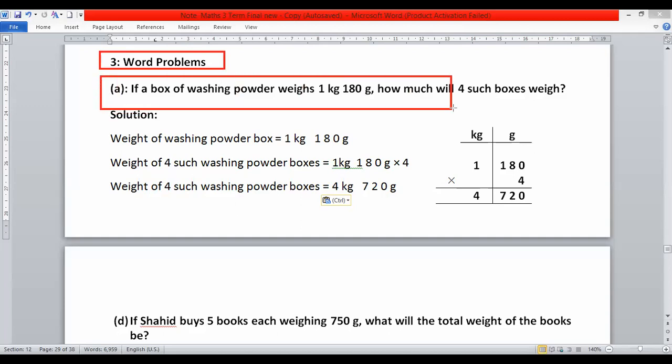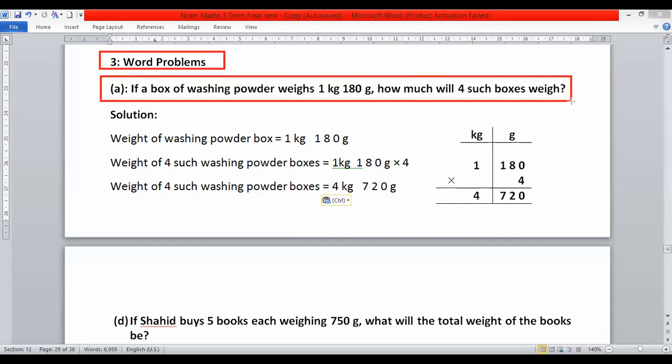The statement of problem A: if a box of washing powder weighs 1 kilogram and 180 gram, how much will four such boxes weigh?